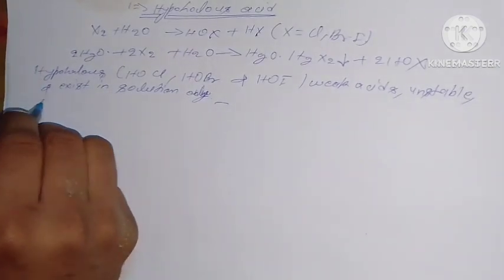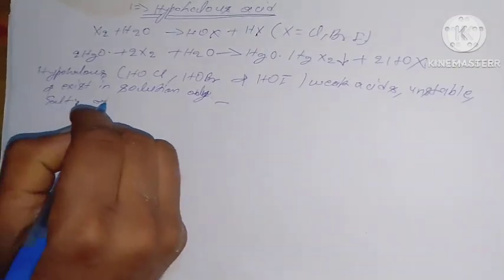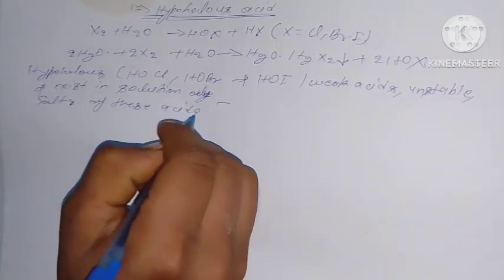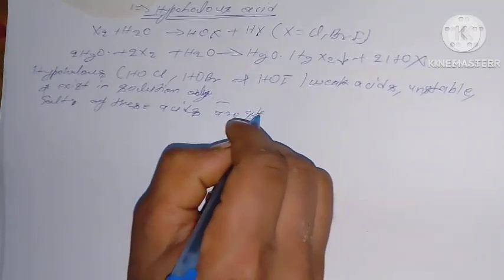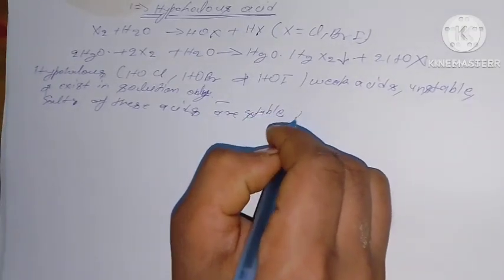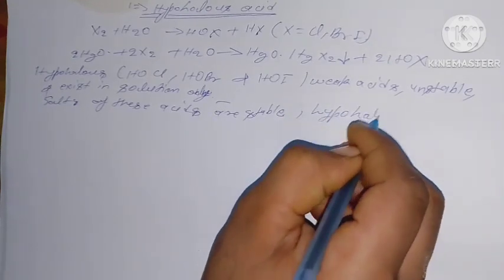Salts of these acids are stable and called hypohalites.